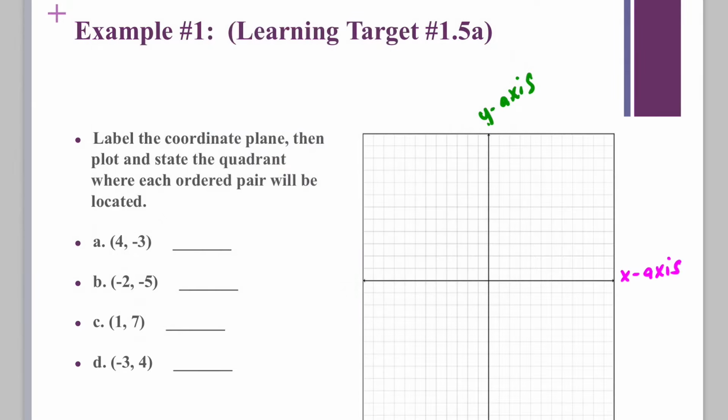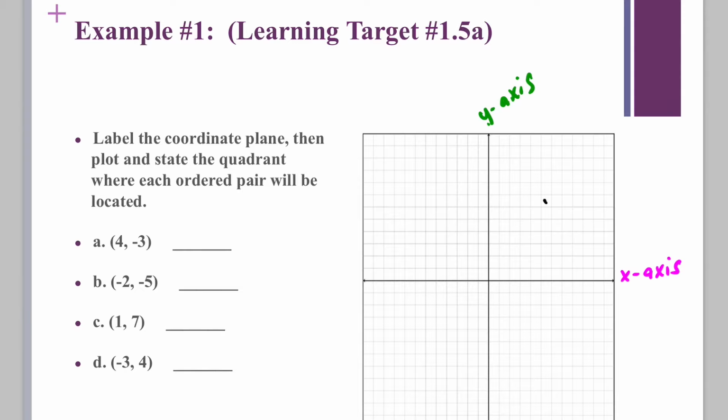We also could label the origin. We may recall that 0, 0 is the origin. And then if we were to label our quadrants, and you can't remember which direction they go, what is the first letter in coordinate?